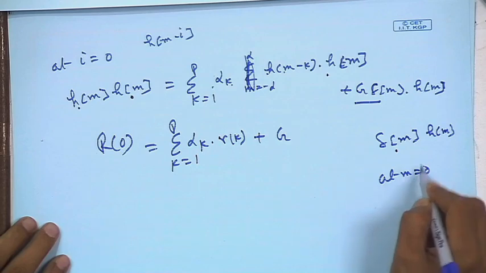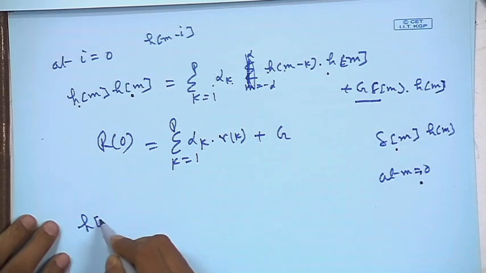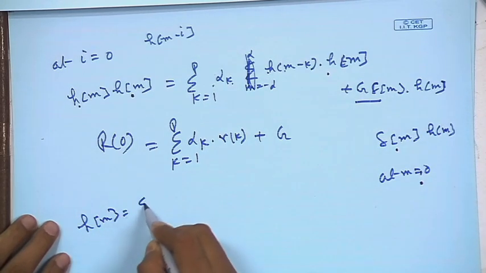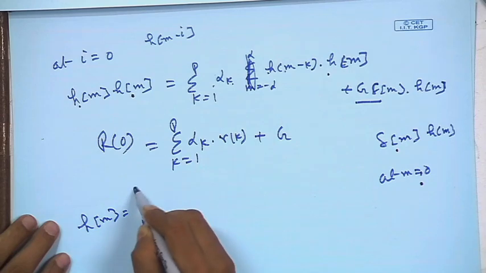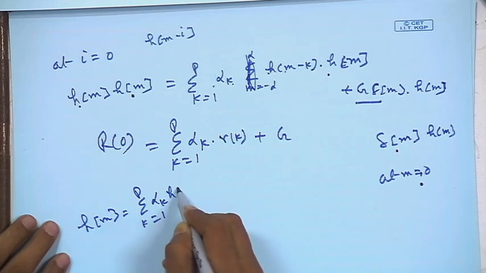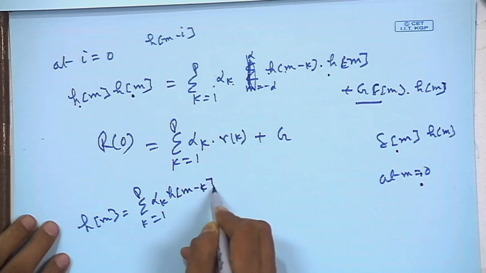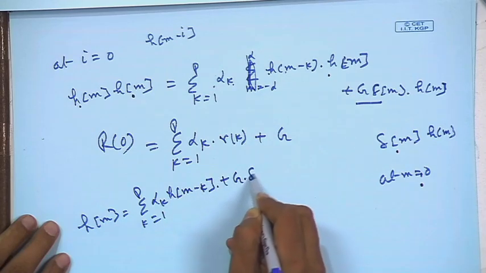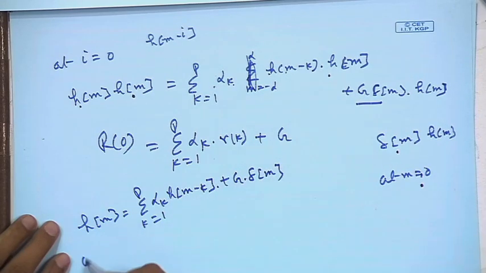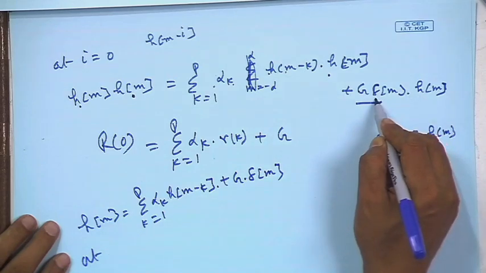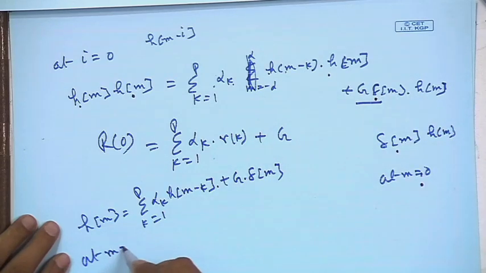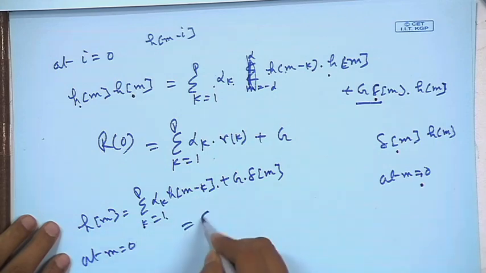So, I can say h(m) is nothing but the sum over k equal to 1 to p of alpha_k h(m minus k) plus g delta(m). Now, at m equal to 0, because delta(m) only exists at m equal to 0, this is nothing but g.